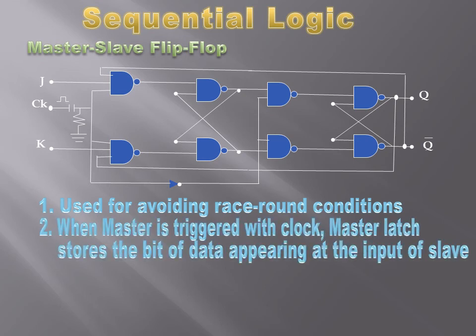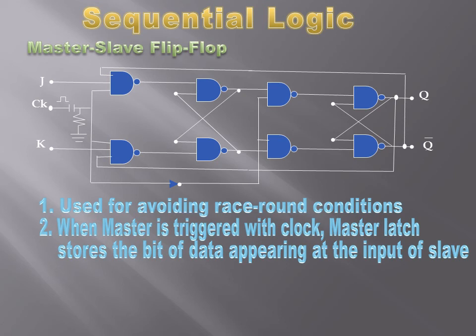When the master is triggered with the clock, the master latch stores a bit of data appearing at the input of the slave. But at that stage, the slave is not active due to the NOT clock at its input.